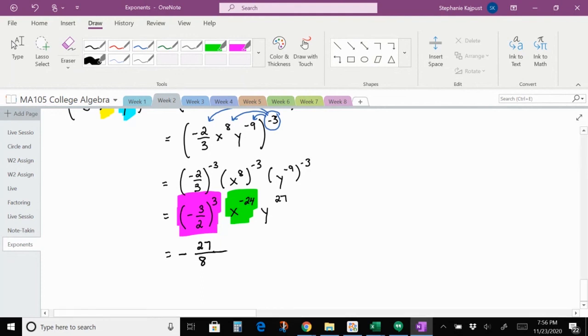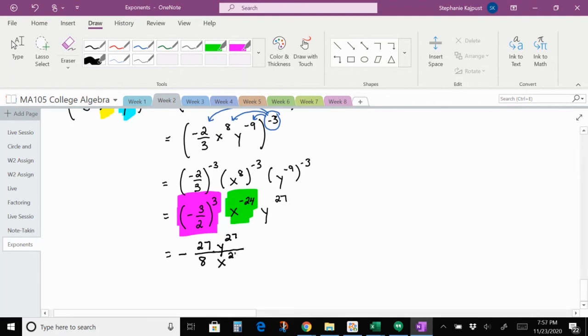Now we like to have these all in single fractions, so I'm going to take the y to the 27, which has a positive exponent, so I'm not doing anything with it. That's going to join the 27 on top. Then our x to the -24, we want to have a positive exponent, so that flips.